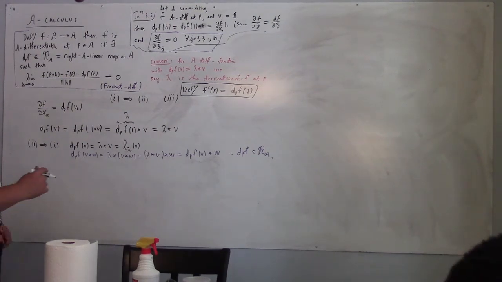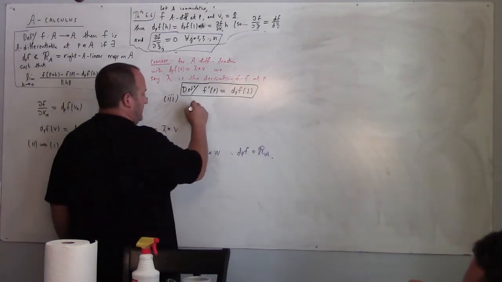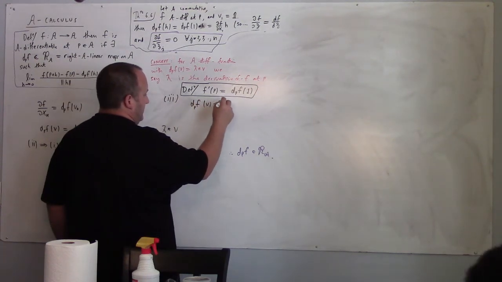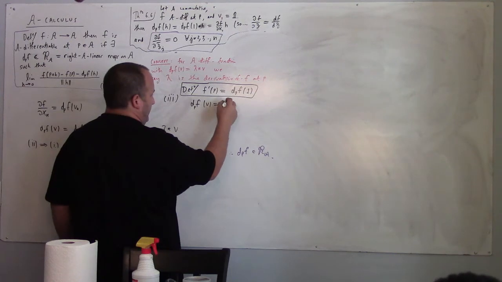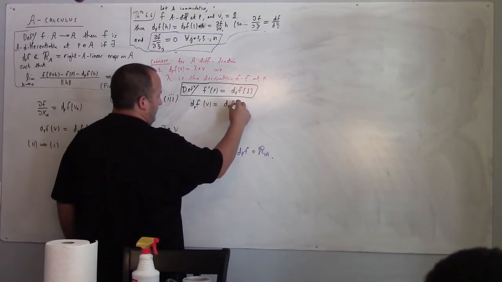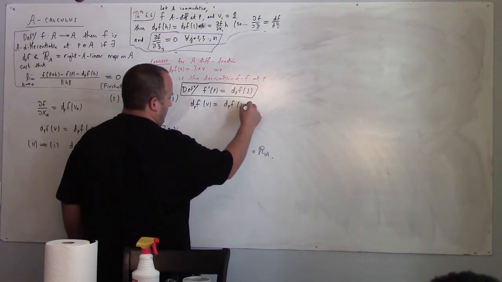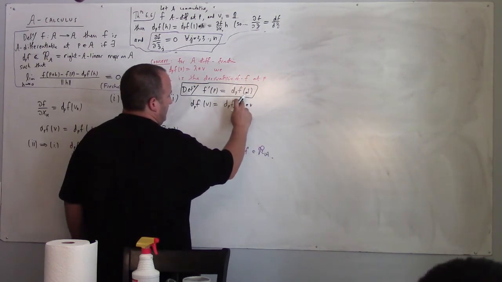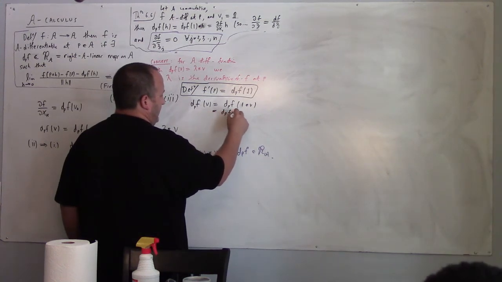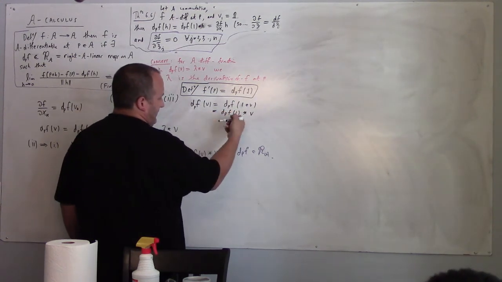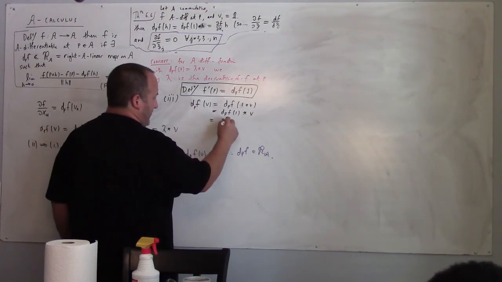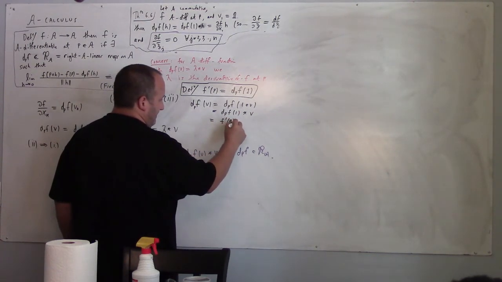And moreover, d_p f of v, well, we know the usual song and dance, I'll go through it again: d_p f of 1 times v. Of course, this is what we called lambda a second ago, but I'm giving it a new name. It's f prime of p times v.